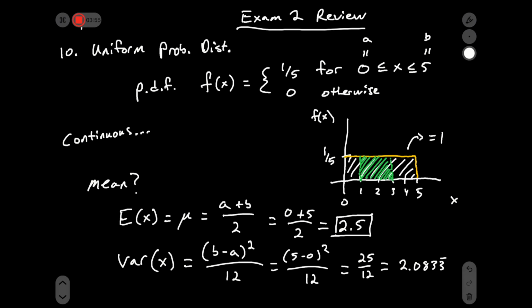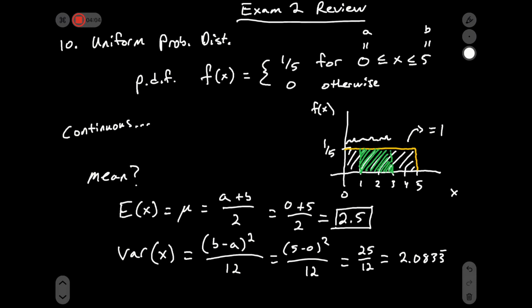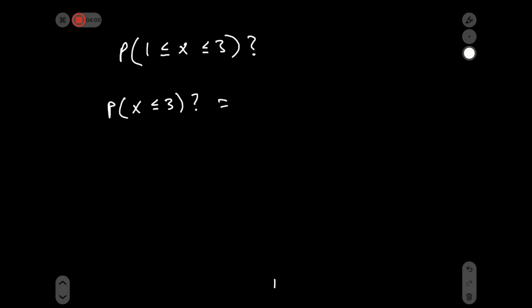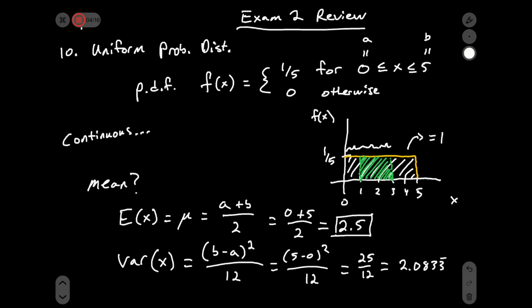So this is going to be 1/5 plus 1/5 plus 1/5. So that's going to be equal to 3/5. And what is the probability that x is less than or equal to 1? You can see here, it's just this first portion here, which is 1/5.